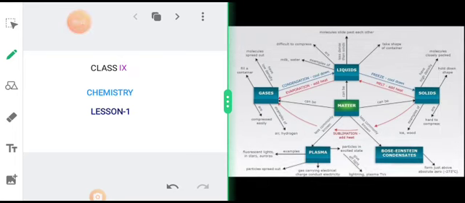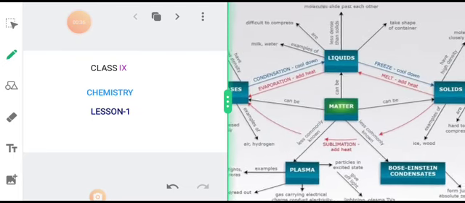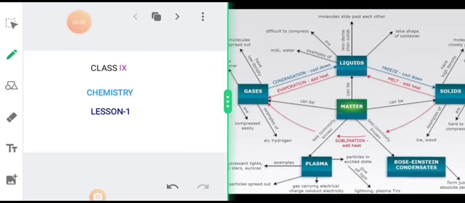So, this is the basic concept map of this lesson. You can see that matter forms the basic core of the topic, and we can study the interrelated topics one by one. You can see how matter has been classified into different forms and how all these different states of matter are related to one another.